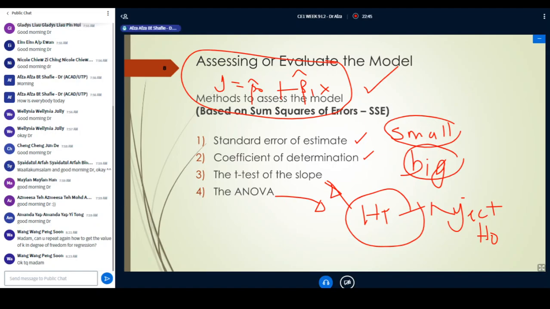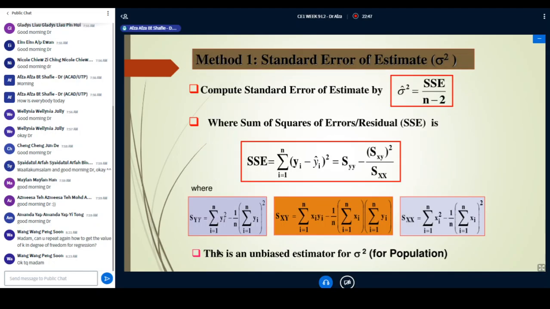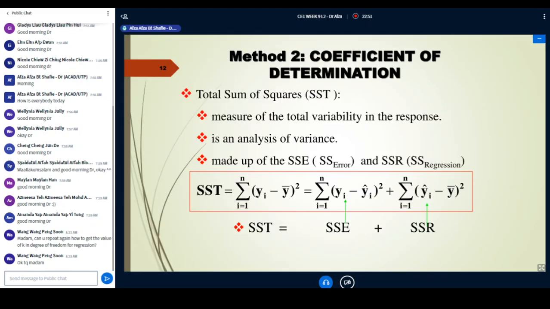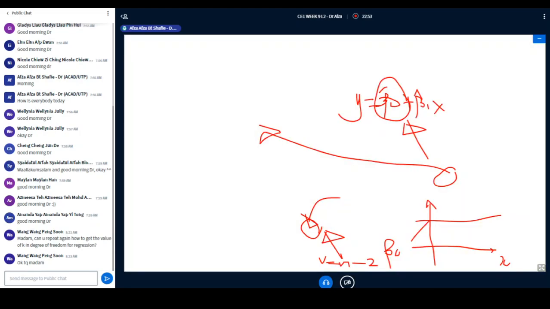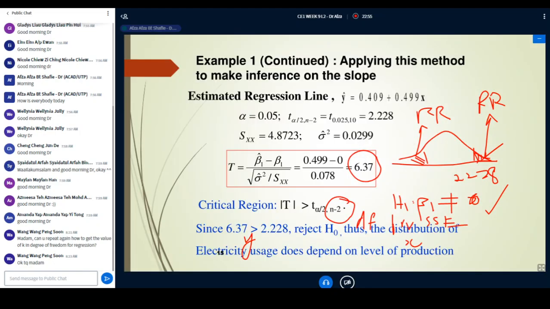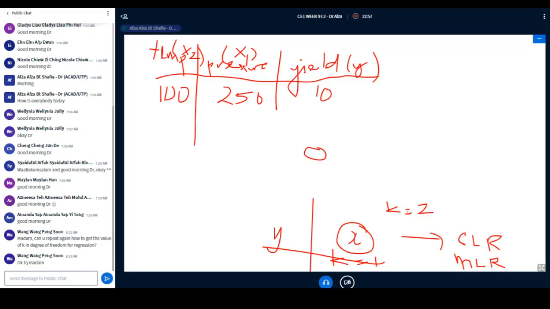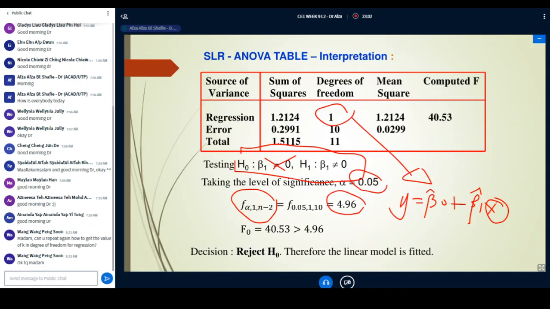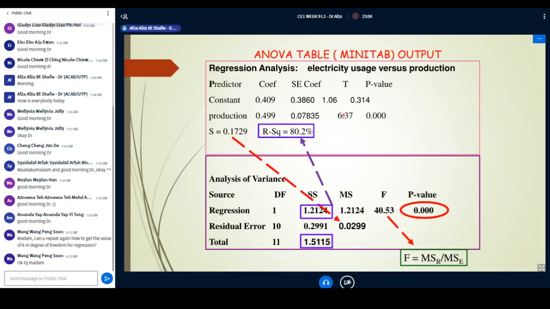Okay, so this is what we do. Now, like I said, most of the time when we run it on the software, this is how the values look like. It doesn't matter whether it's Excel or Minitab or MATLAB.